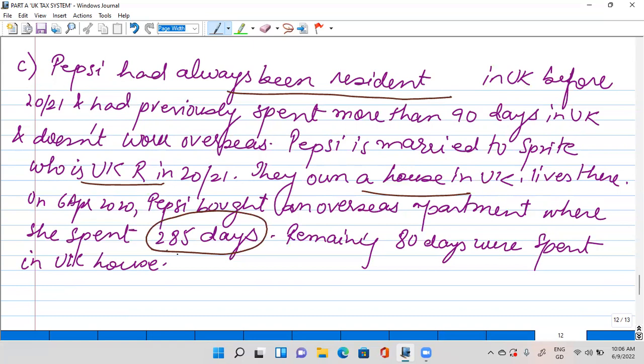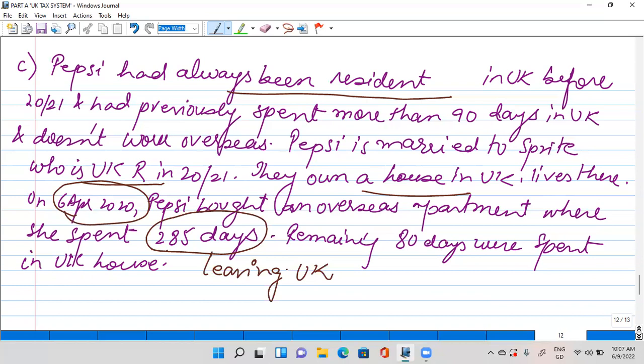First of all, let's go for the overseas test, the non-UK resident test. Just see what she is doing. Is she coming to the UK or is she leaving? For that fiscal year, she has bought an apartment, and of course she's going to live over there. She spent 285 days, so this is leaving UK status.